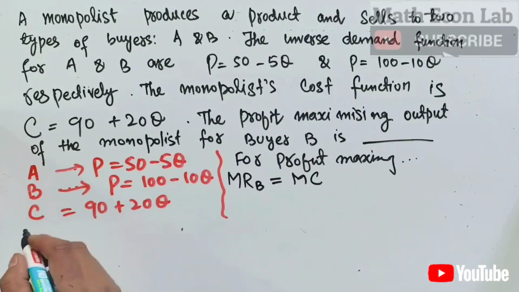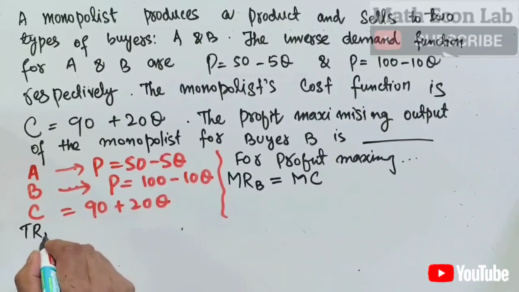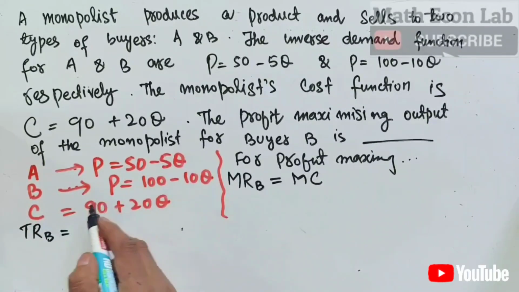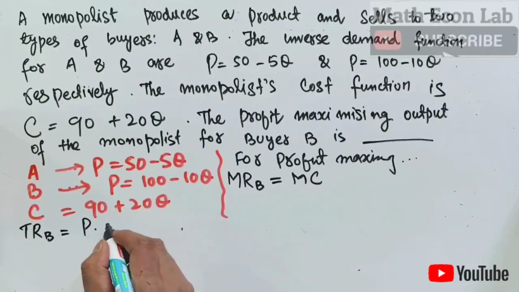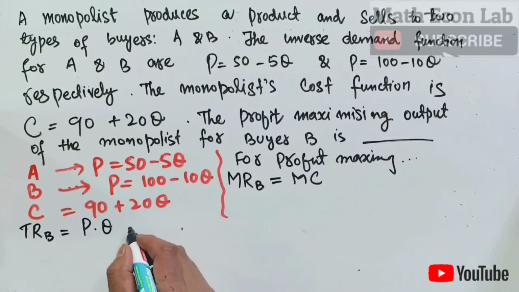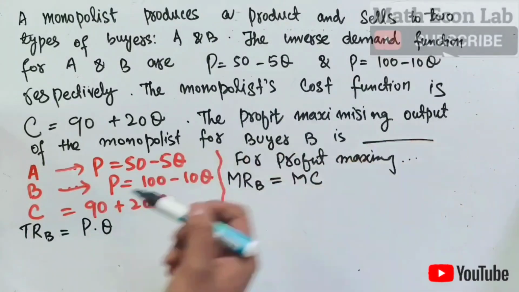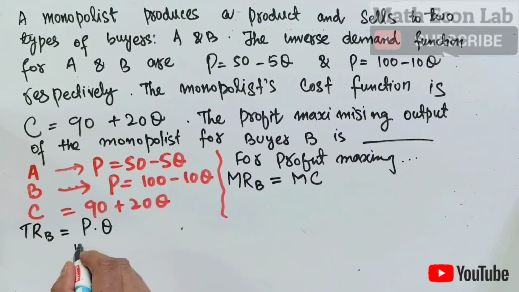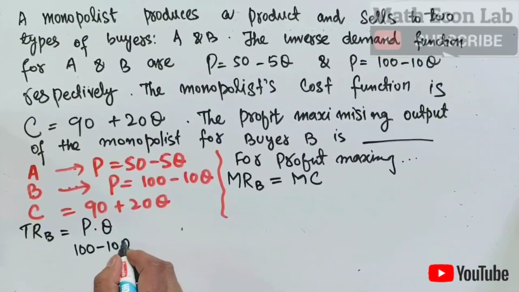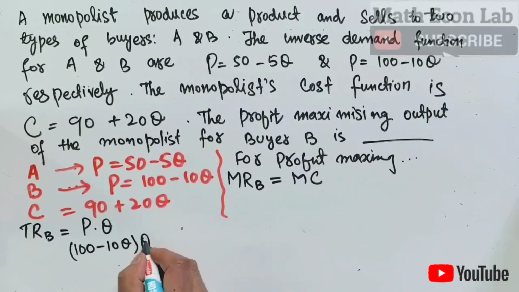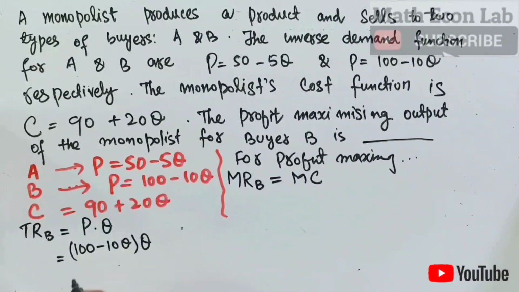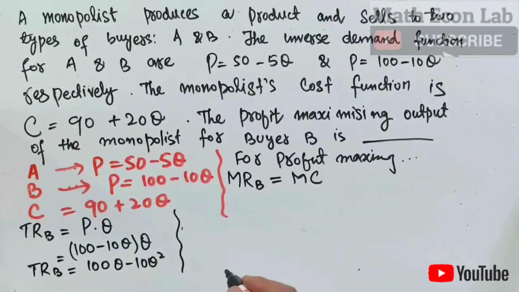First we need to find the total revenue for buyer B. Total revenue will be P into Q. We are given P is 100 minus 10Q, and we multiply this by Q. So total revenue for buyer B will be equal to 100Q minus 10Q square.